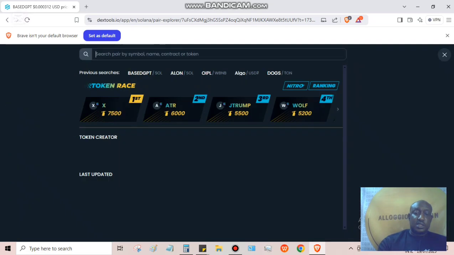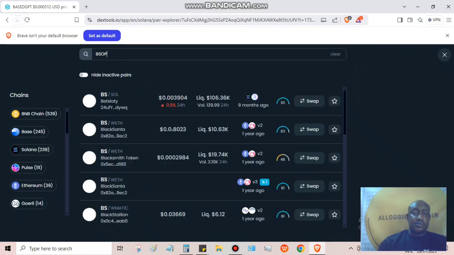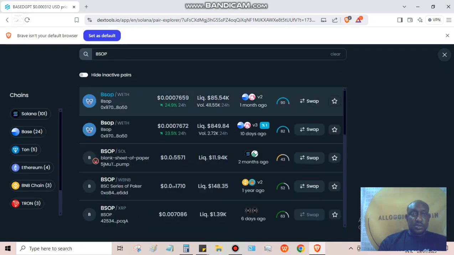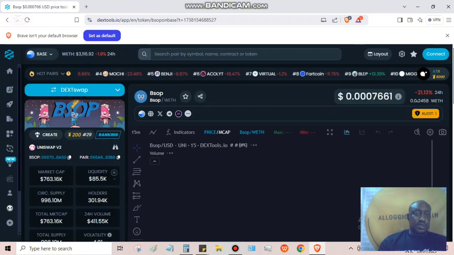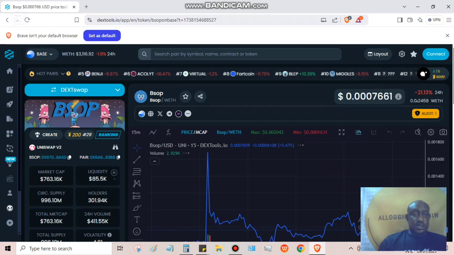Now the last one is BSOP. Alright, so let me look at this. So this one has a liquidity of $85,000, total supply of almost a billion, market cap is sitting at 763,000. Not bad. This makes more sense. The price suits the liquidity and the market cap.